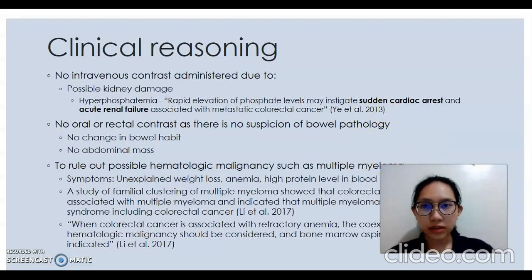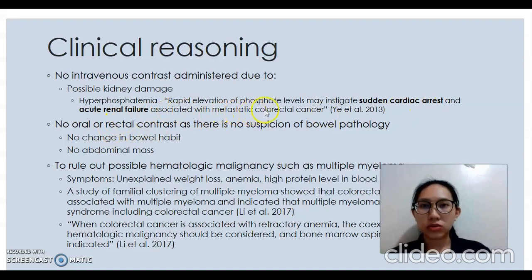Moving on to the clinical reasoning, there is no intravenous contrast administered because there could be a possible kidney damage in the patient. This is because the patient shows hyperphosphatemia. In an article by Yi et al. 2013, it was stated that rapid elevation of phosphate levels may instigate sudden cardiac arrest and acute renal failure.